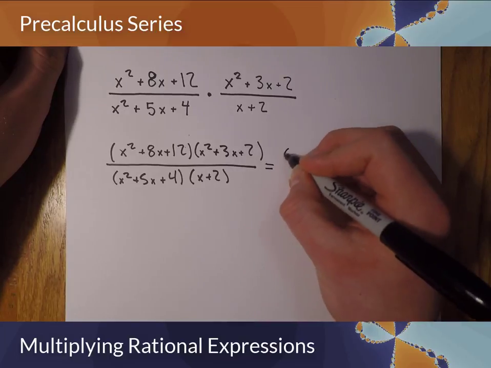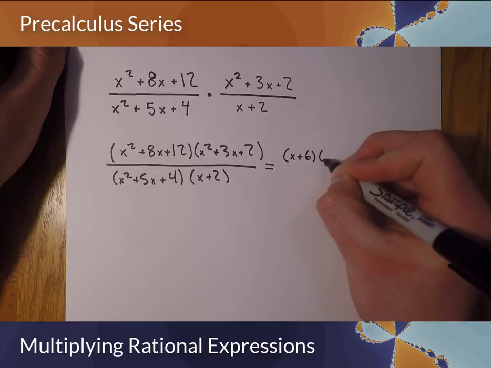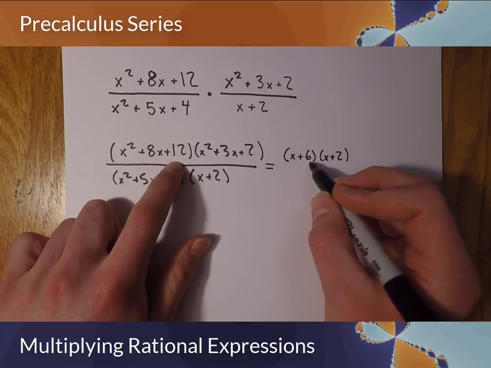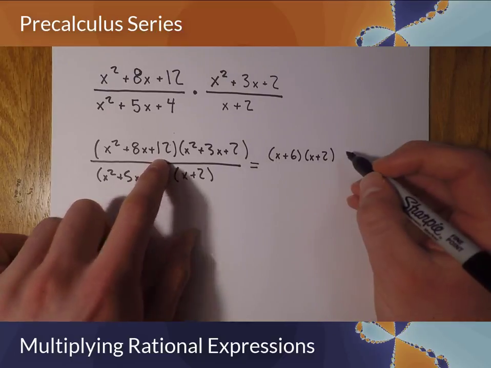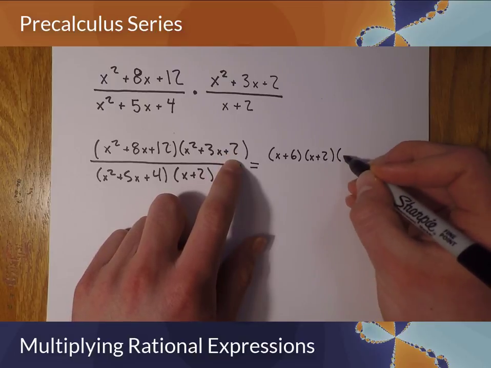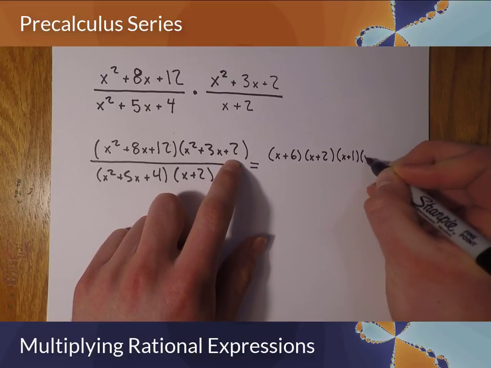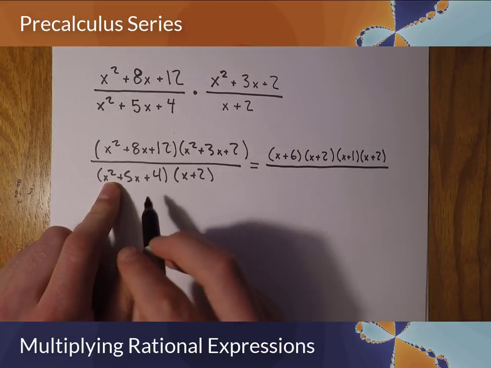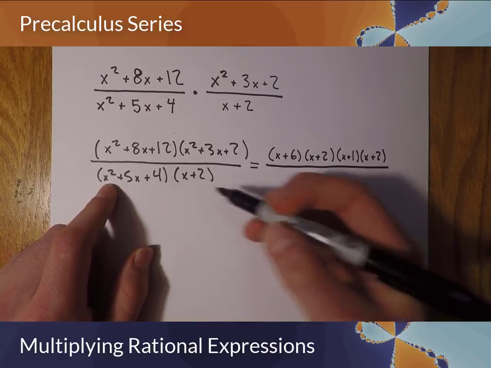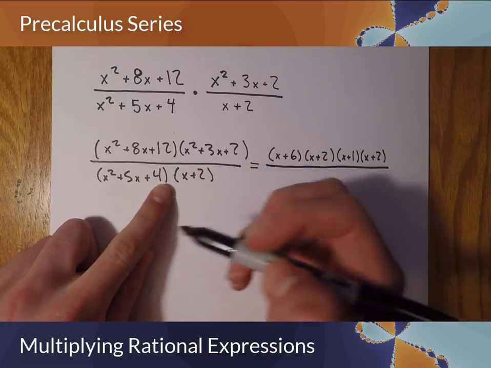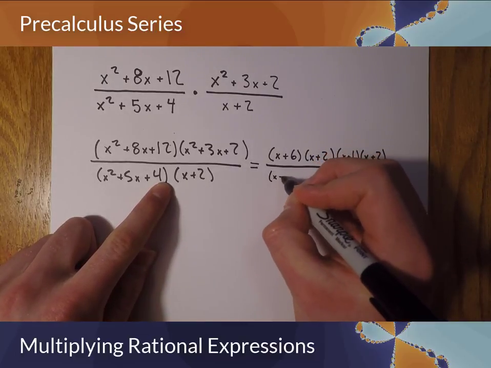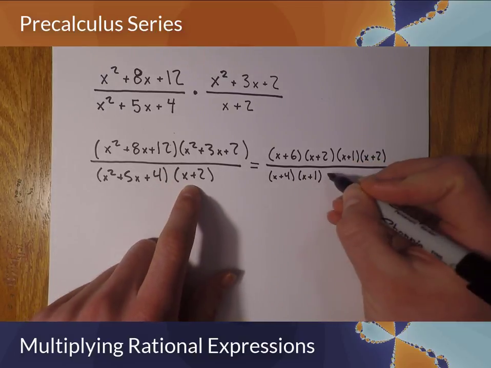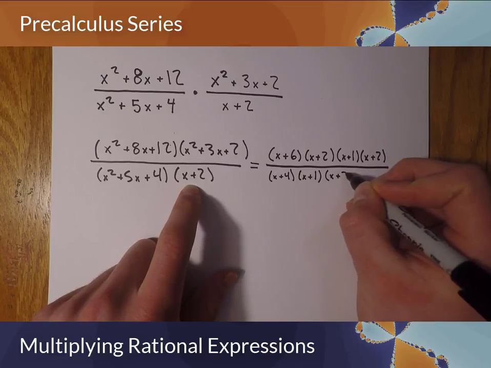I'll factor out all these quadratic expressions. x² + 8x + 12 factors into (x + 6)(x + 2). And x² + 3x + 2 factors into (x + 1)(x + 2). And now we're going to divide it by this denominator. This denominator, x² + 5x + 4, can be broken up into linear factors (x + 4)(x + 1), and then multiplied by, of course, (x + 2).